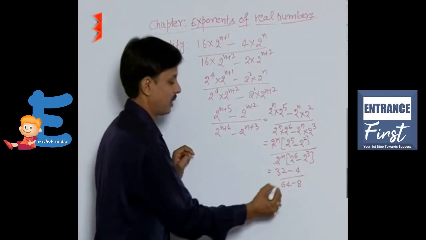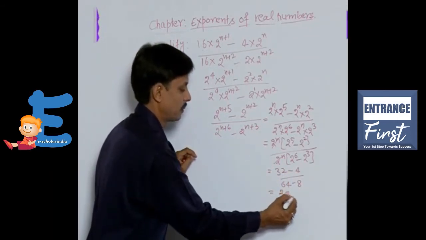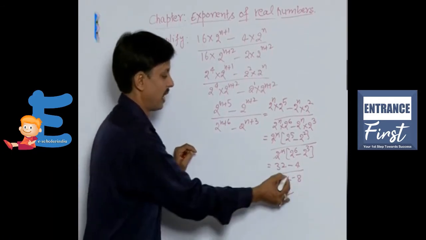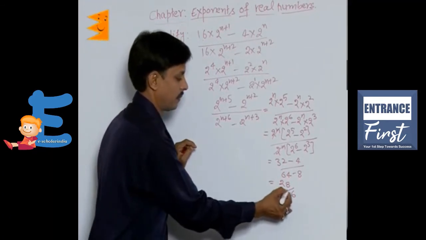Now if I subtract 4 from 32, it is 28. And if I subtract 8 from 64, it becomes 56.